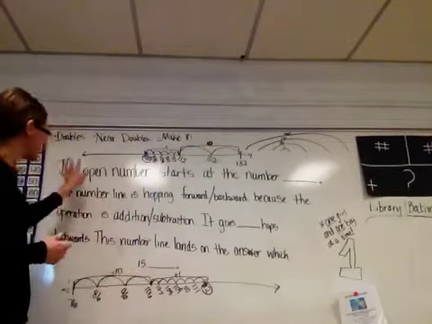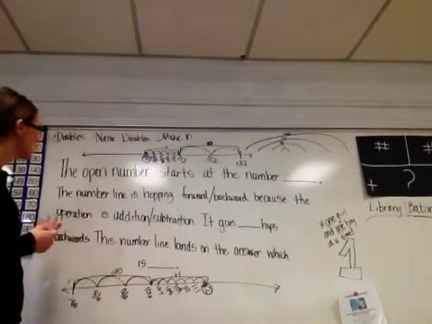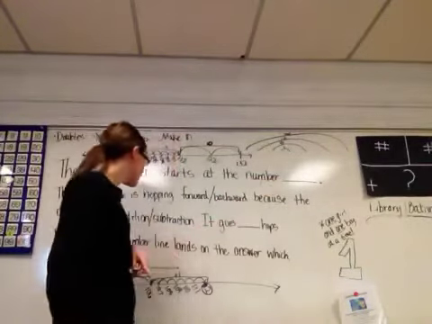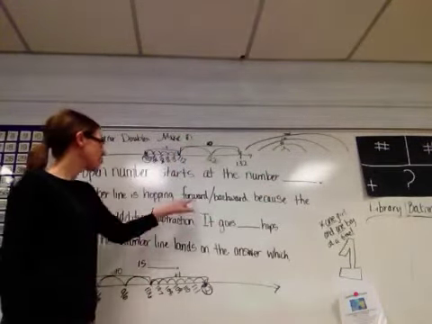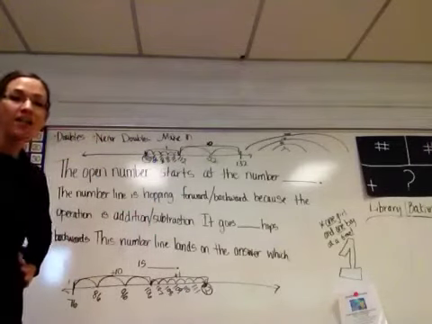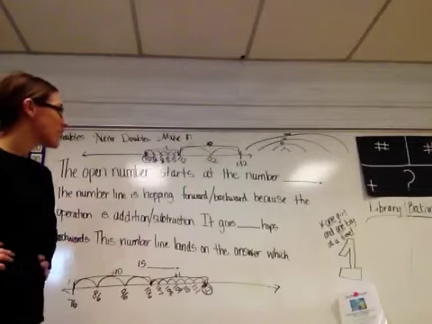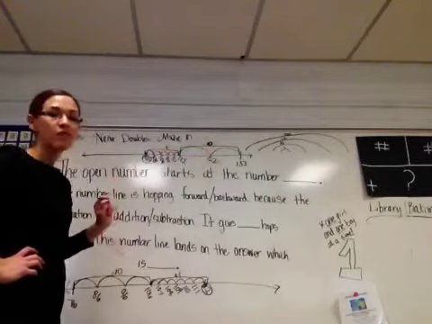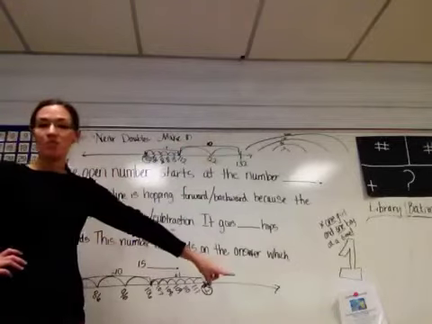In the middle of your day 2 section you have this paragraph, and it has some missing words or numbers and some places where we're going to circle our correct word choice. So push pause whenever you need to. For the first example, we're going to use the top number line, and then for the second example, we're going to use the bottom number line.